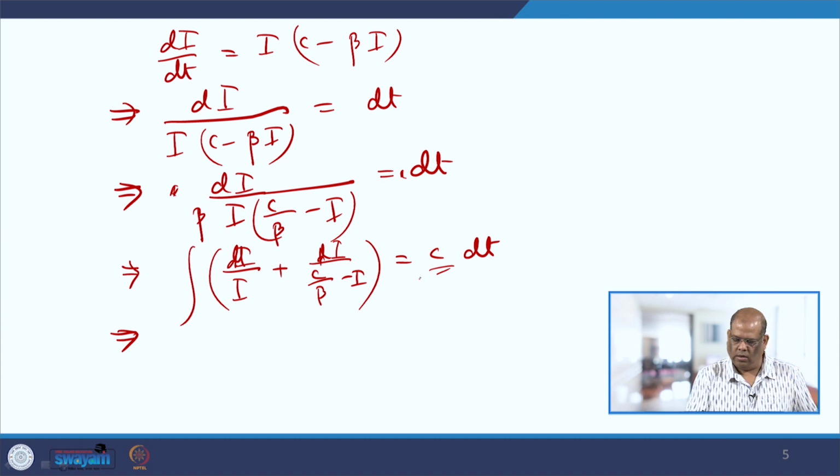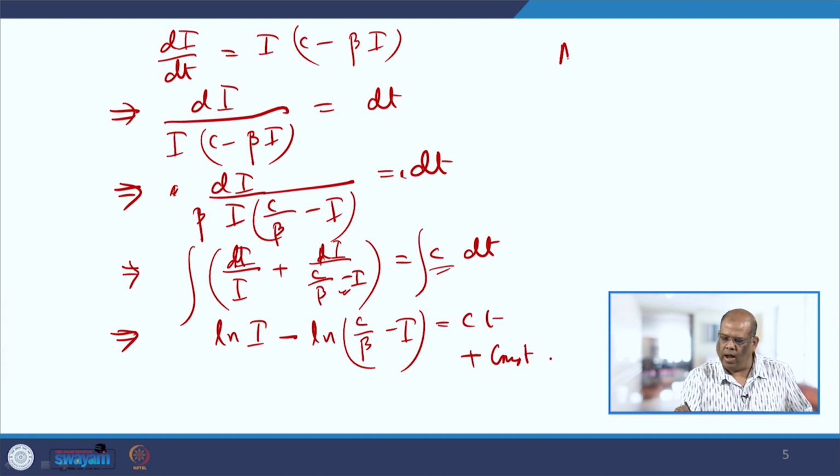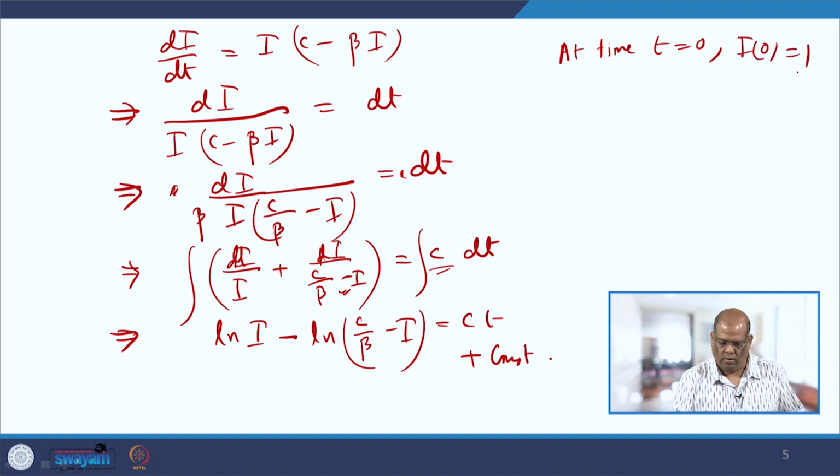So, integrating this whole thing, I will get here ln I minus ln (C by beta minus I). The minus sign is coming because there is a negative here, is equal to Ct plus constant. Now, we know that at time t equal to 0, I have I0 equal to 1. If I substitute here, I will get ln 1 minus ln (C by beta minus 1) equal to constant.